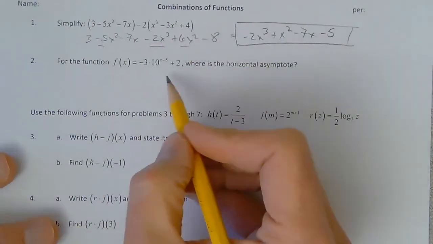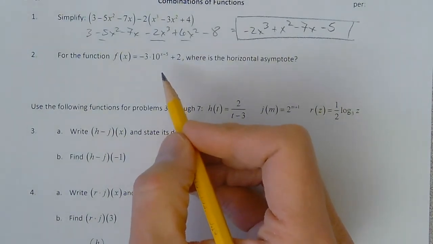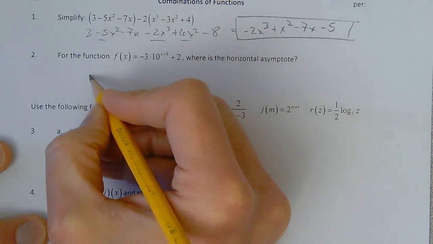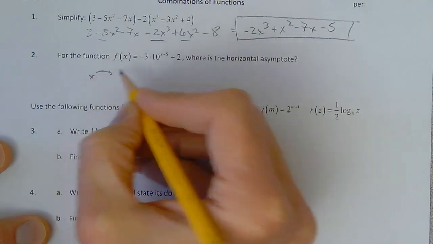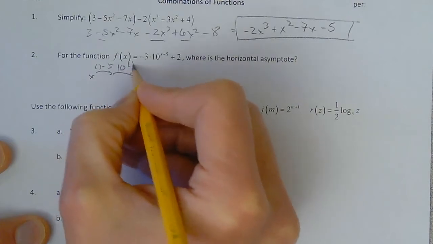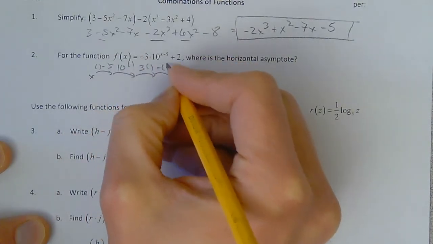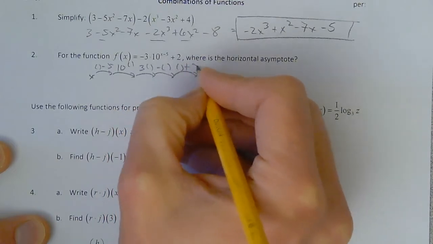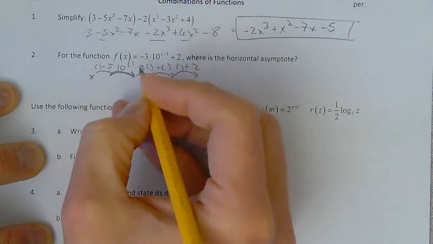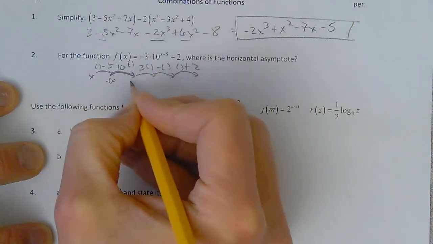Okay, for this function, where is the horizontal asymptote? Well, we could get that a number of different ways. I'm going to go ahead and do it via arrow diagram. So we would subtract 5, that goes into the power of 10. We multiply by 3, change the sign, and add 2. On the parent function, normally we would say that as we go to -infinity, this goes to 0.